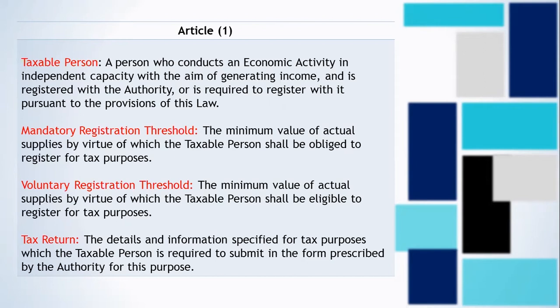Right. So a taxable person is a person who is doing any economic activity for the aim of generating income.